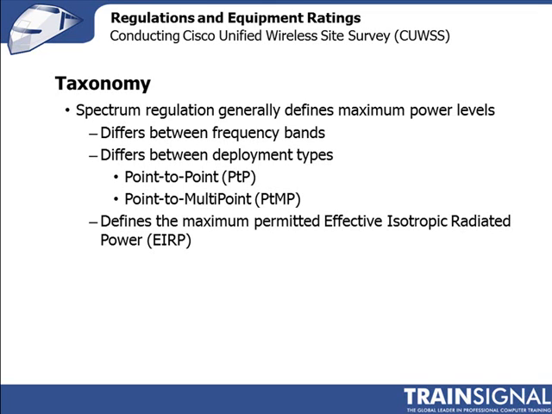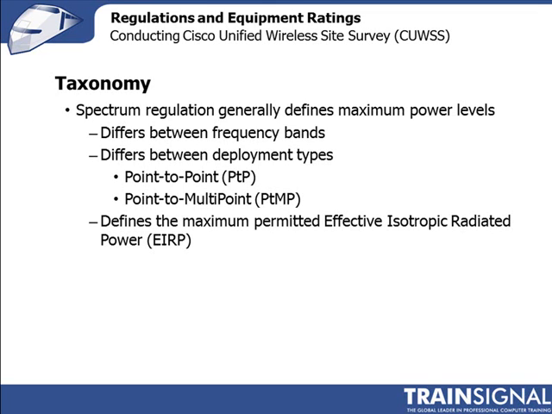So a point-to-point, maybe you're doing a bridge between two buildings where you're just connecting two buildings together. The power regulation is different than if you're doing a point-to-multipoint connection where maybe you're deploying an access point in an office and many people are communicating to that access point.